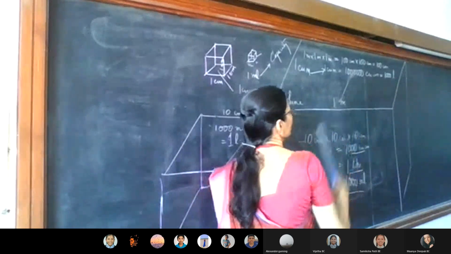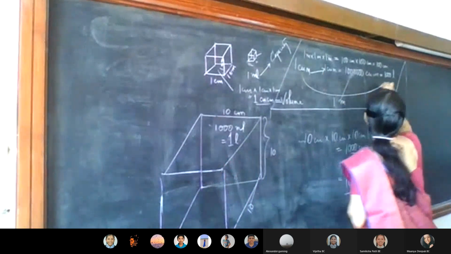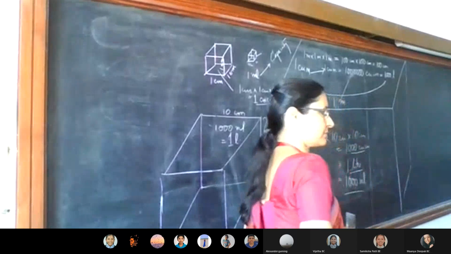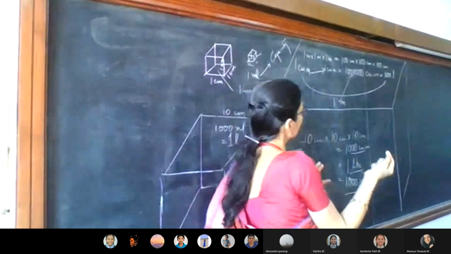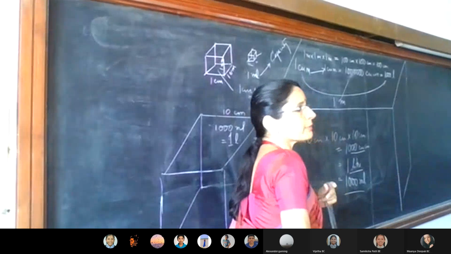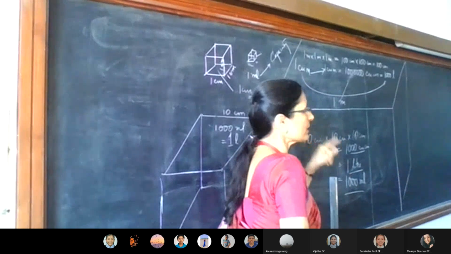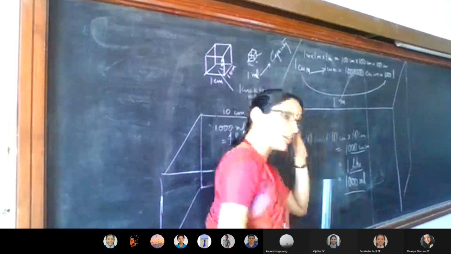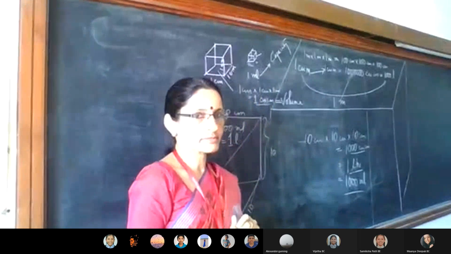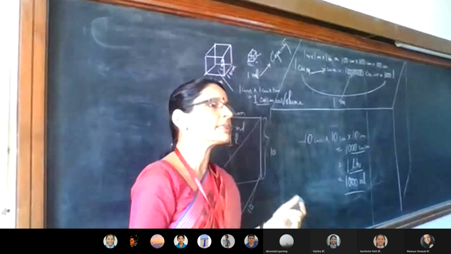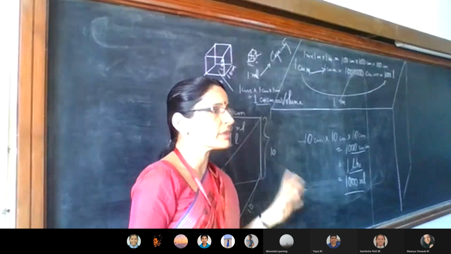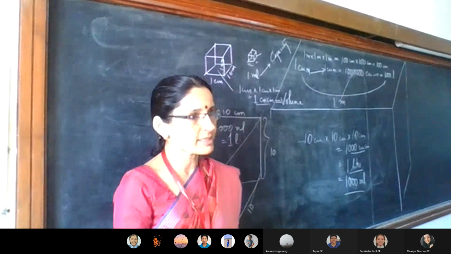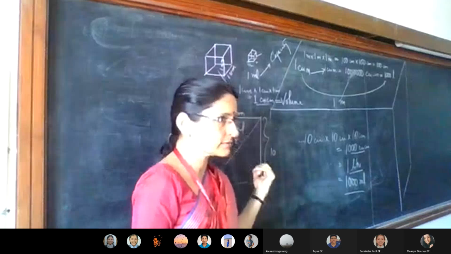But this is fixed, it cannot be changed. 1 cubic meter can be changed to cubic centimeter, but 1 cubic meter will be 1000 liter only. If you change to milliliter, then it may change. Understood? So these are the standard conversions from volume to capacity, and we will be using these.